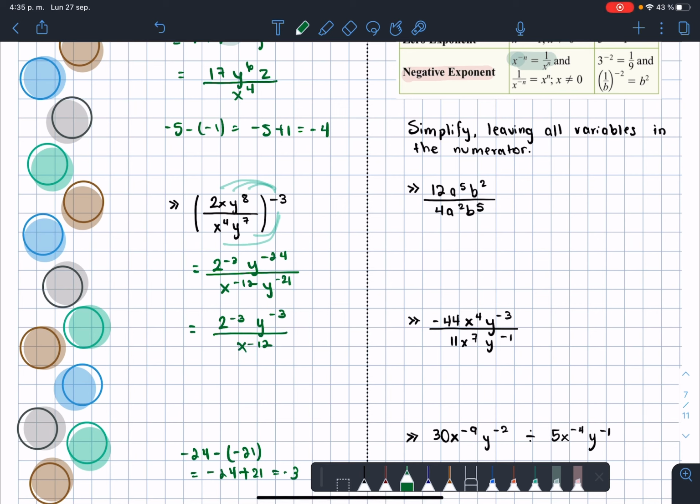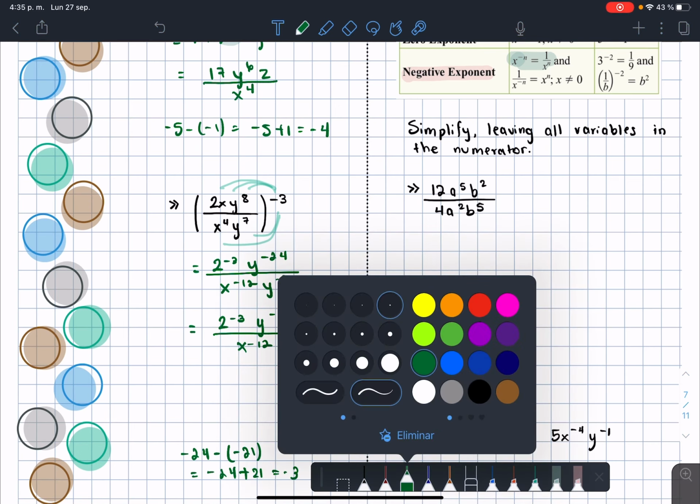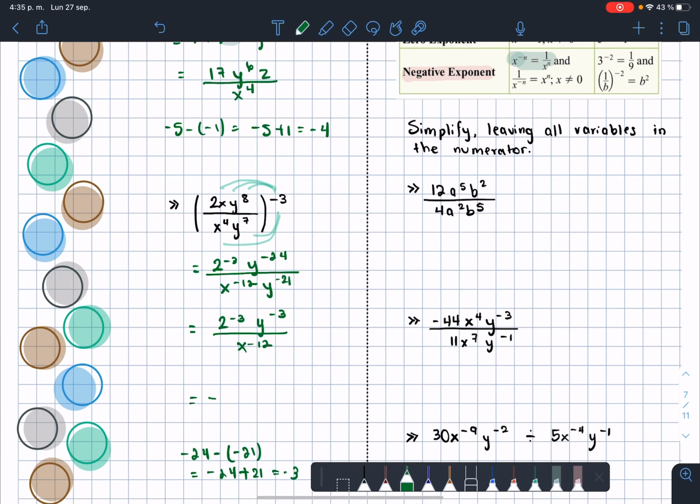I have many negative exponents, so I'm going to apply the property and convert everything to positive exponents. So what we get is 1 over 2 to the power of 3, 1 over y to the power of 3, and 1 over x to the power of 12.